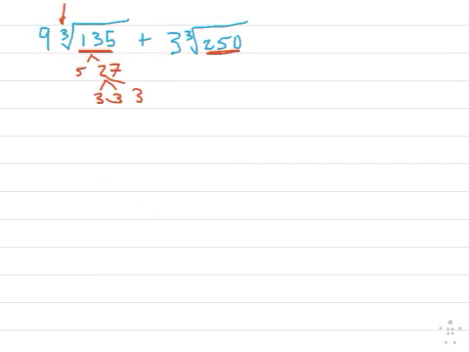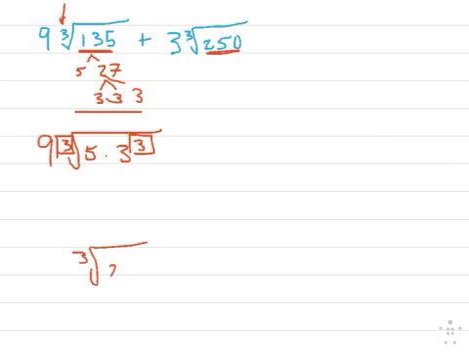Let me write this out for you again. I've got 9 times the cube root of 5 times 3 cubed, and these two things right here essentially cancel each other out, so a 3 comes out.